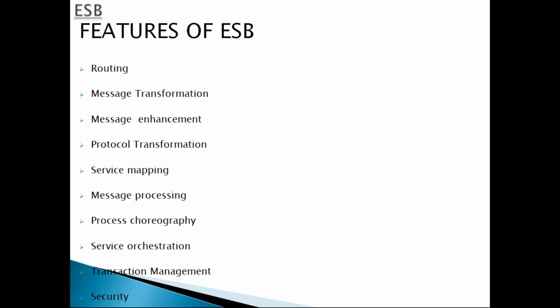Then we go to message transformation. This is a connector in Studio. If one application sends a message in XML and another application wants it in JSON format, Mule ESB should be able to do that kind of transformation. I had shown this in Anypoint Studio right here.